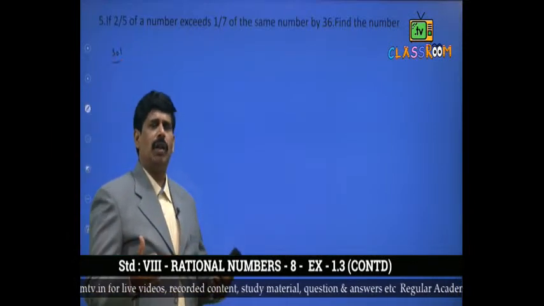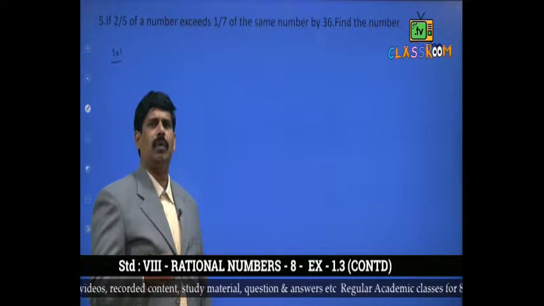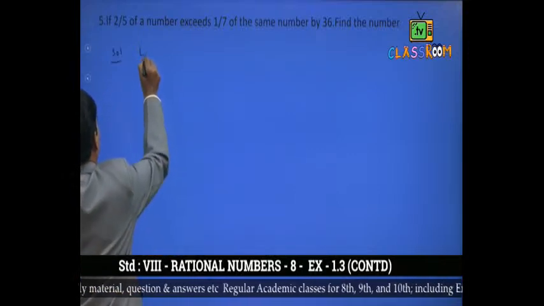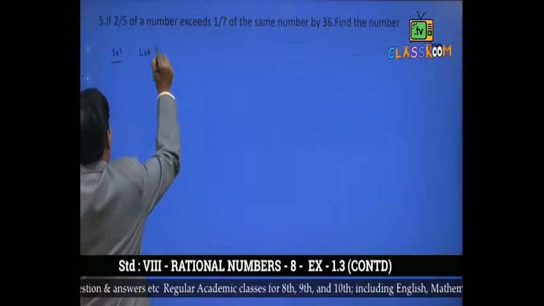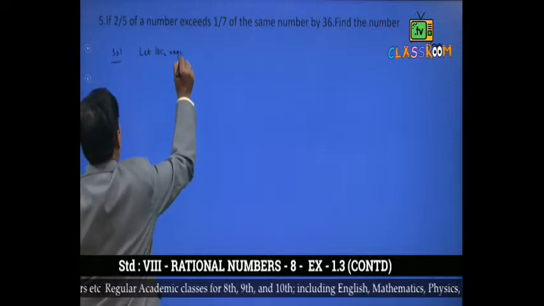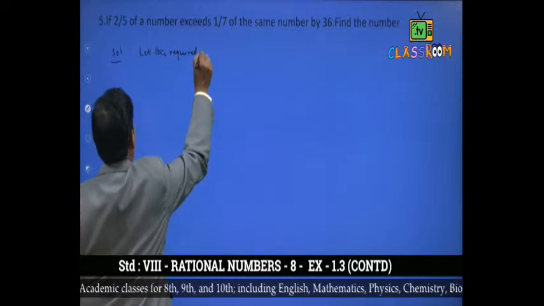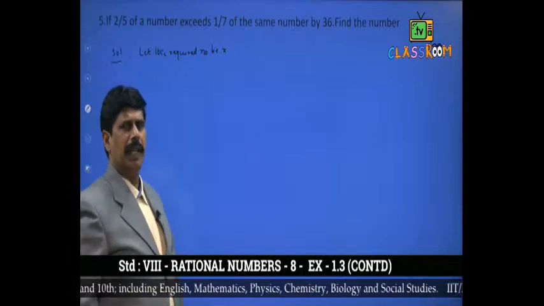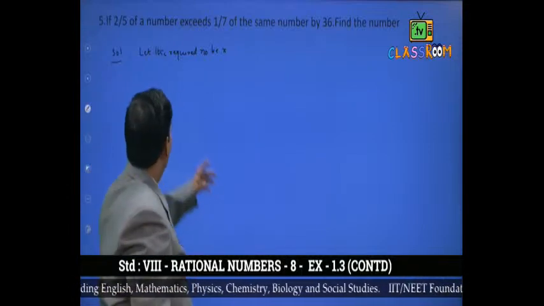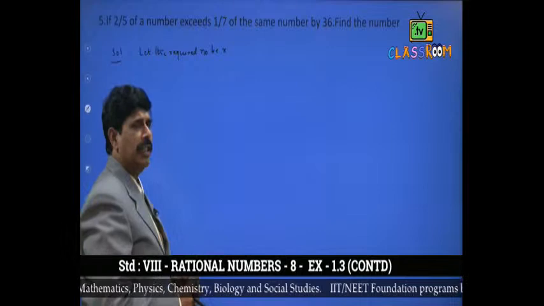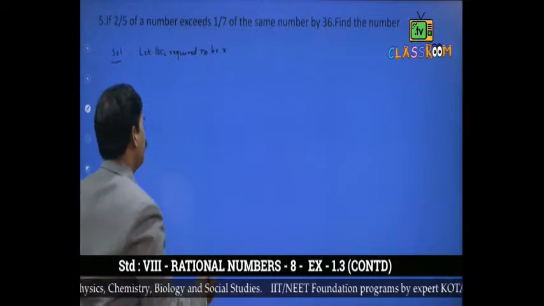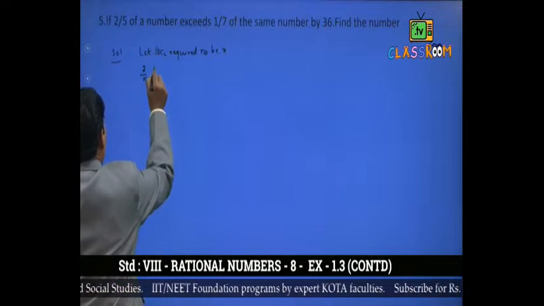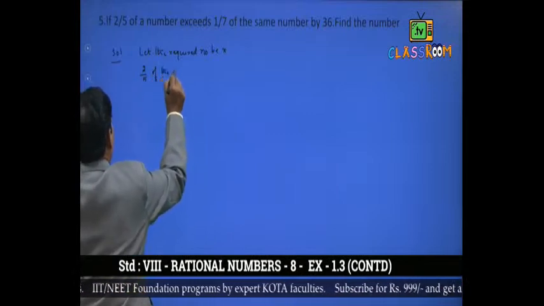So as we do not know the number, let the required number be x. Now 2 by 5th of the number.